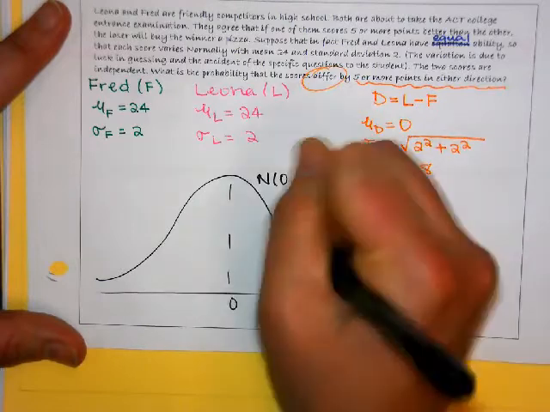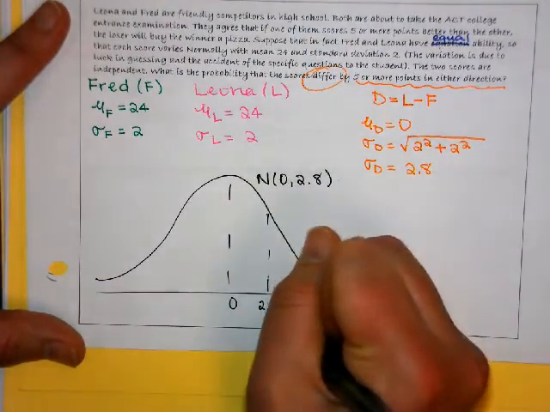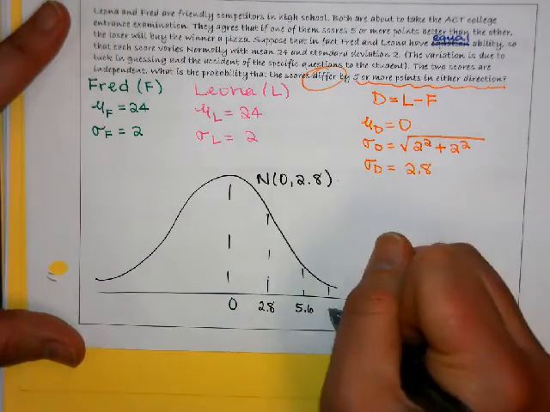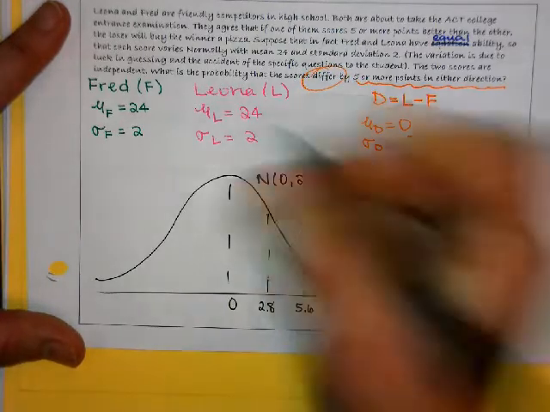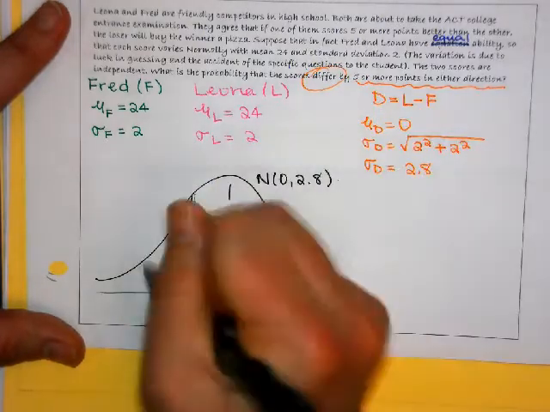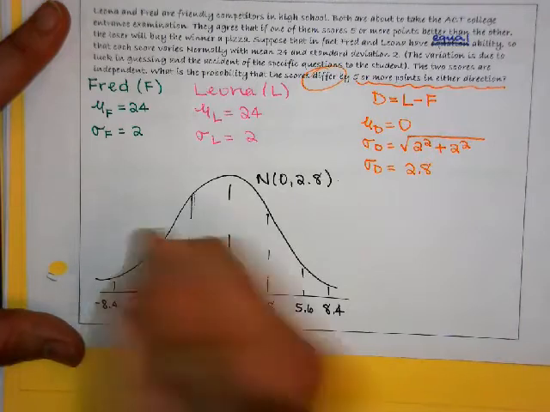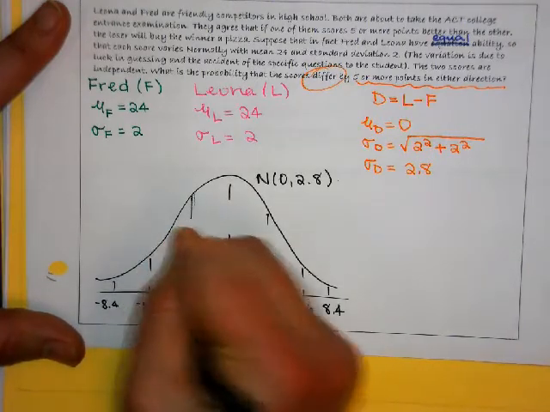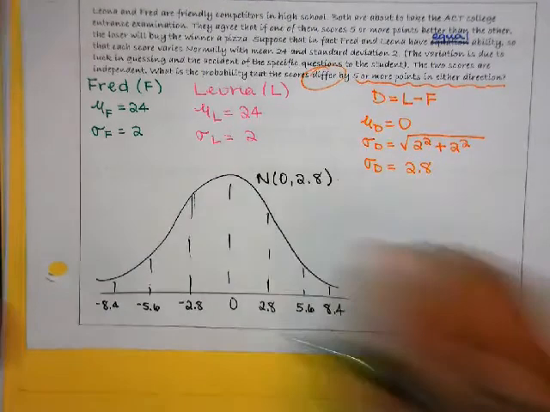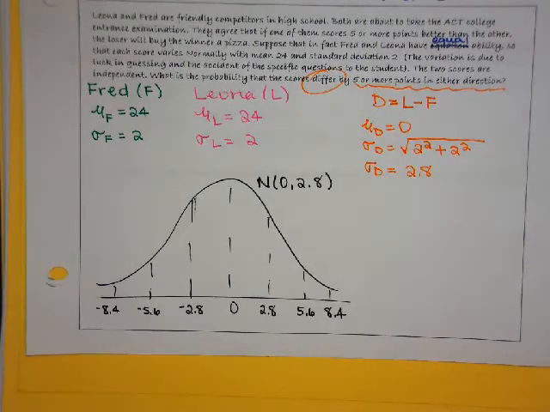And then over here, it's going to be the same numbers, just negative. Now here's the new thing about this question. It tells us that we don't care which person scores 5 points higher. We just want to find the probability that one of them does. So 5 is like here-ish, and it's 5 or higher.